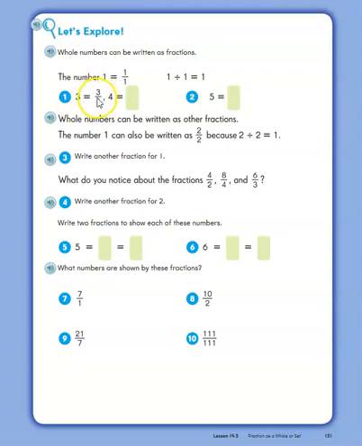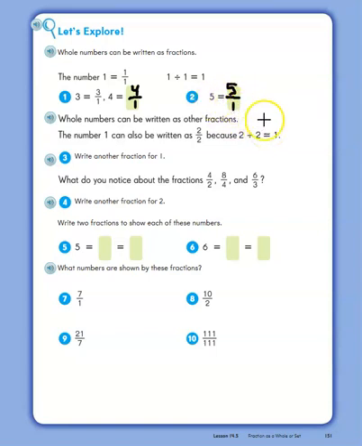So 3 over 1 is just 3. 4 would be the same as 4 over 1, which is really kind of like saying 4 divided by 1, which is 4. So for the number 5, we would say 5 divided by, or over, 1. And 5 divided by 1 is 5.